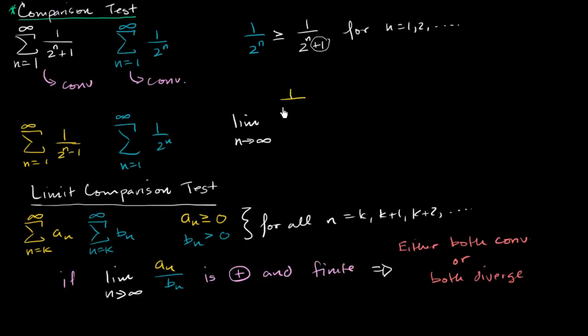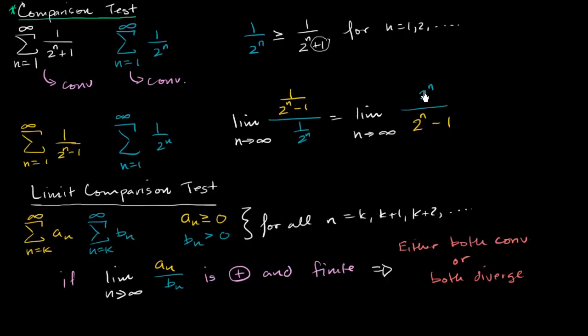So it's going to be 1 over 2 to the n minus 1 over 1 over 2 to the n. And what's that going to be equal to? Well, if you divide by 1 over 2 to the n, that's the same thing as multiplying by 2 to the n. So it's going to be the limit as n approaches infinity of 2 to the n over 2 to the n minus 1.